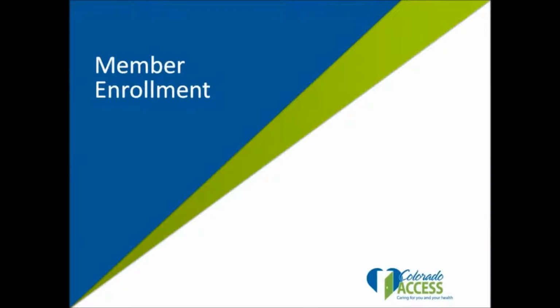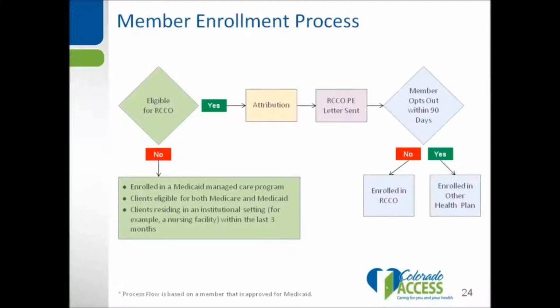So now we're going to look at member enrollment and how a member is enrolled into the ACC program. You'll see the flow diagram on your slide. This diagram is really just a high-level overview of the enrollment process and how a member is enrolled into the RICO program. First, the state looks at if they're eligible for RICO or not. Today, patients or members that are not eligible for the RICO program are if they're enrolled in Medicaid managed care programs.